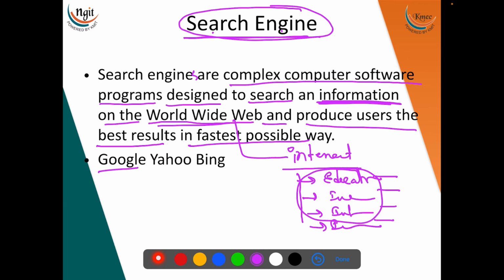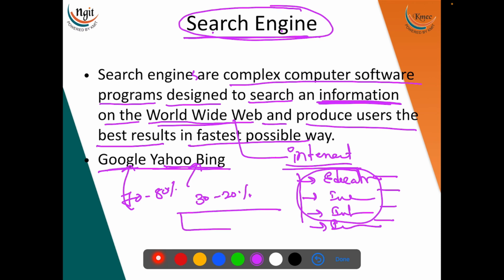We have other search engines, for example Yahoo and Bing. 70% to 80% of people use Google, and that's why it is more familiar than the rest. Yahoo and Bing are used by the remaining 20 to 30% of the population to search for some document or keyword on the internet. So with this we understood something.